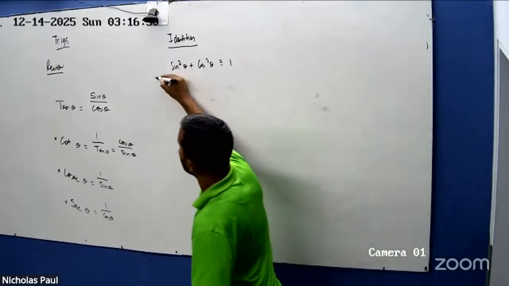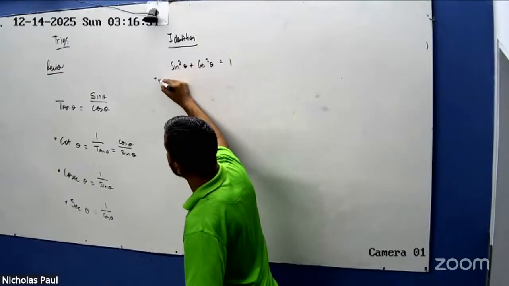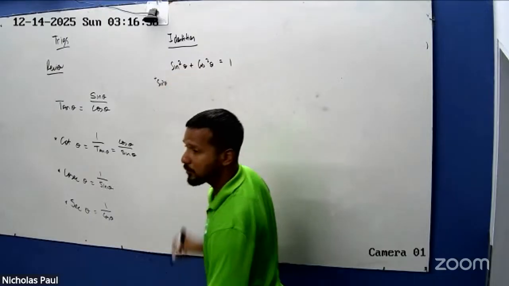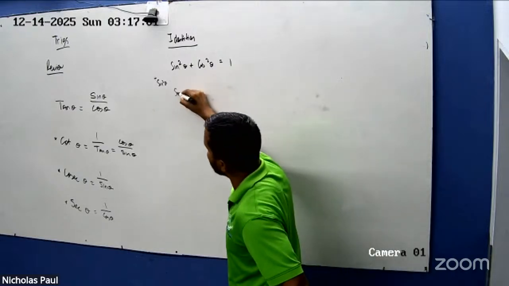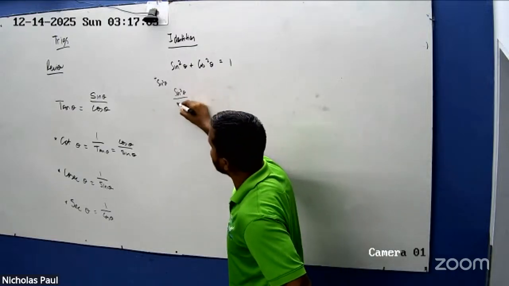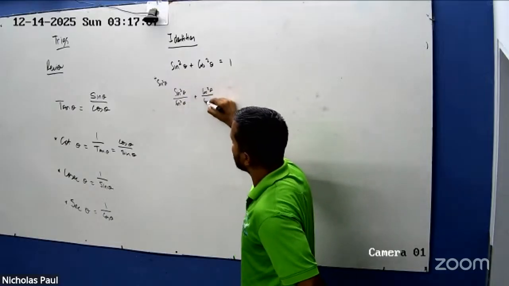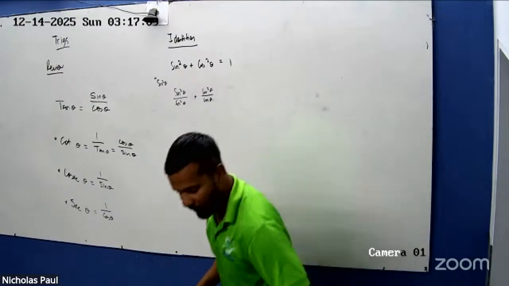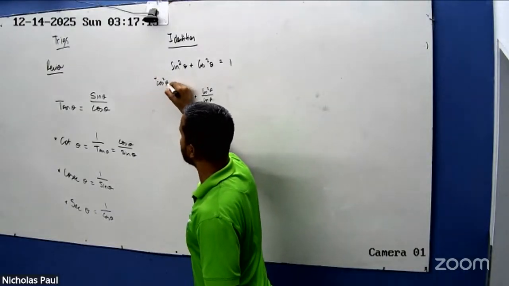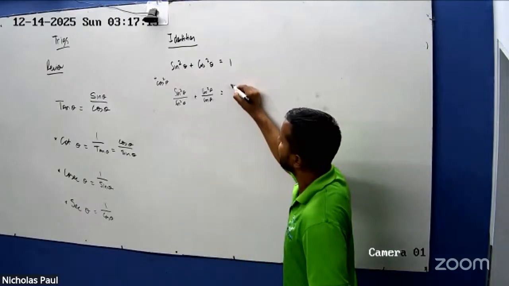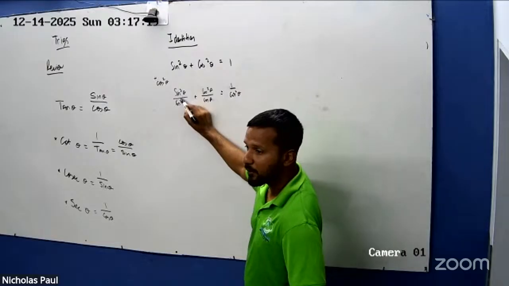And what would happen if we divide everything by sine squared? What you'll get? If we divide everything by sine squared, you'll get sine squared theta over cos squared theta plus cos squared over. Sorry, I divide by the wrong thing. Let's divide by cos squared. What's this here?